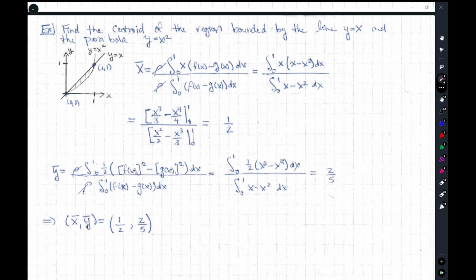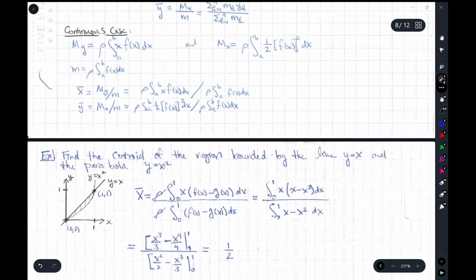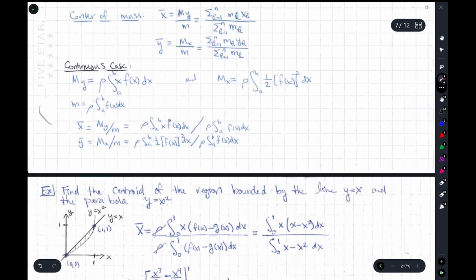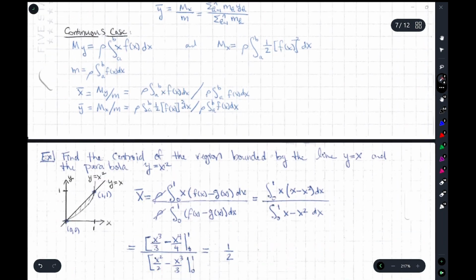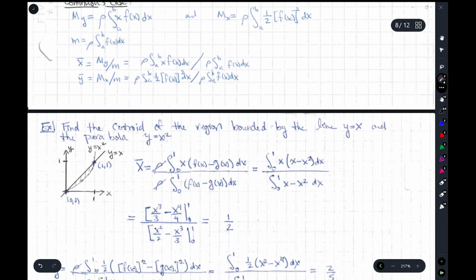We just straightforwardly apply the formula, so we integrate x. The formula here has this x f of x. Well, we're not just integrating over one of these functions. We want the region bounded by those functions. And so that's why we have f of x minus g of x there, for the actual shape.